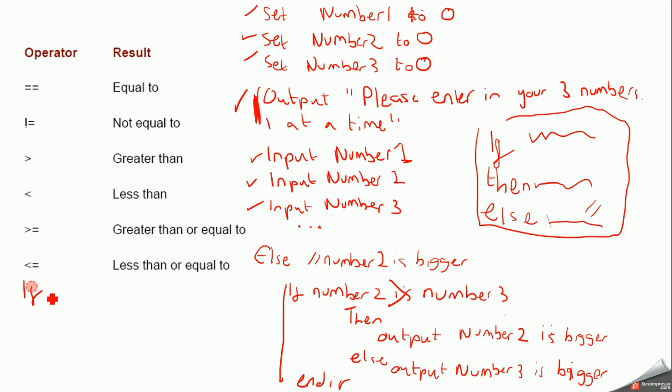But you can also have if, then, and then another if, like we did for this program. If that's the case, then this is called a nested if, where you've got an if inside another if.